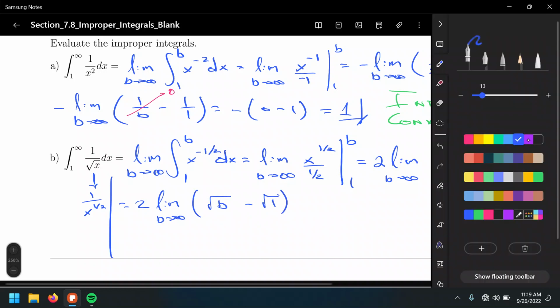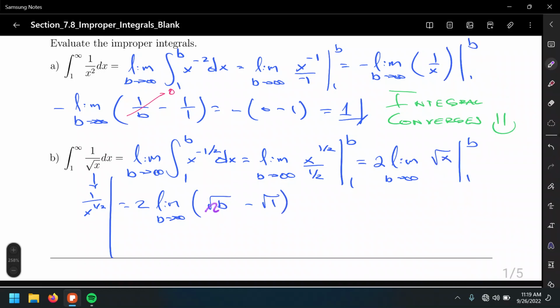Okay, so we need to compute this limit. So where is this square root of b going to go for large values of b? Infinity. So what are we going to get? Infinity minus the square root of 1, which is just 1. Well, that's not going to do any harm to the infinity, right? And then on top of that, multiply that by 2.